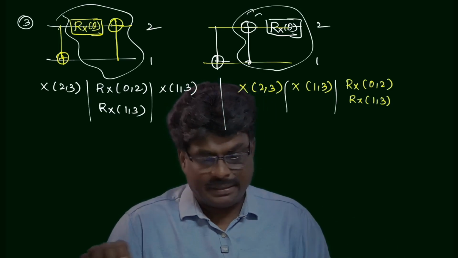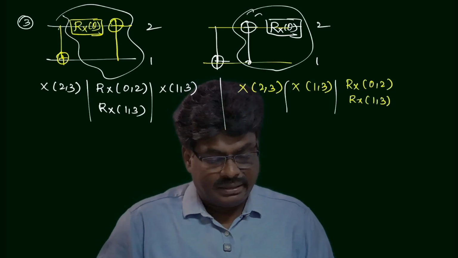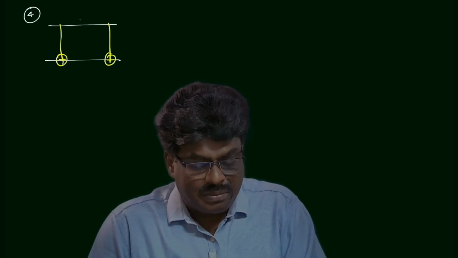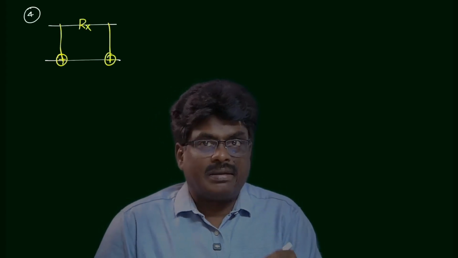Okay, right. And the next one, this is also quite interesting. So for example, here I have a CNOT gate and another CNOT gate. So simply here I am writing Rx, theta I am not writing.